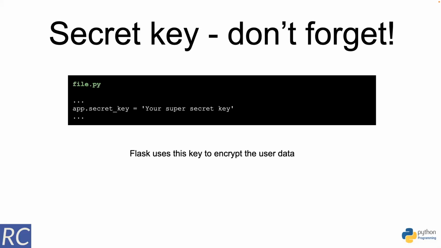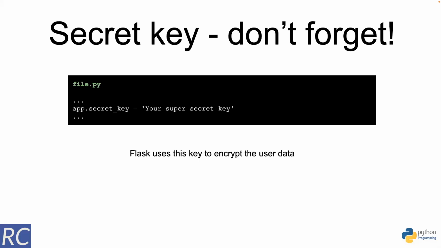Security is always connected with encryption, and that's why the session variable forces us to have something called a secret key. The Flask app's secret key needs to be set so that the session can use this key to encrypt users' information. If you want to have a session, this is something we must have in the code.